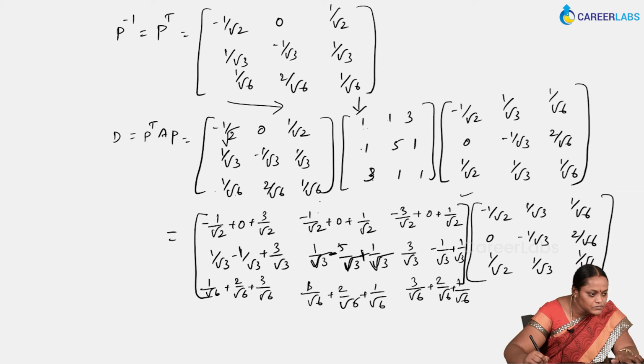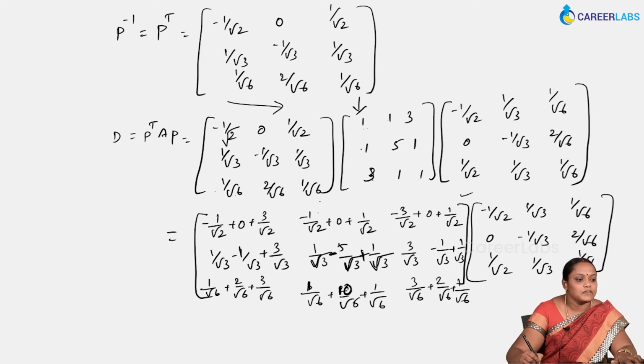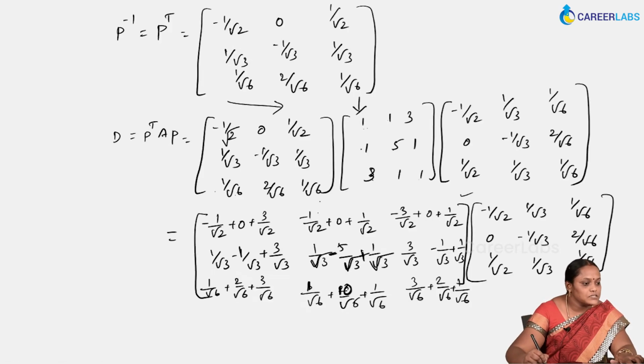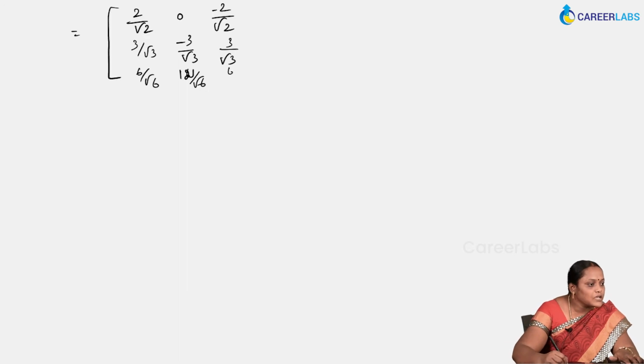So here it is 1 by root 6, and here this is 10 by root 6, and here it is plus. So 10 plus 1, 11, 11 plus 1, 12 by root 6. So this place it is 12 by root 6. Then same way when you come to this part, 3, 4, 5, 6 by root 6. So this is again 6 by root 6.